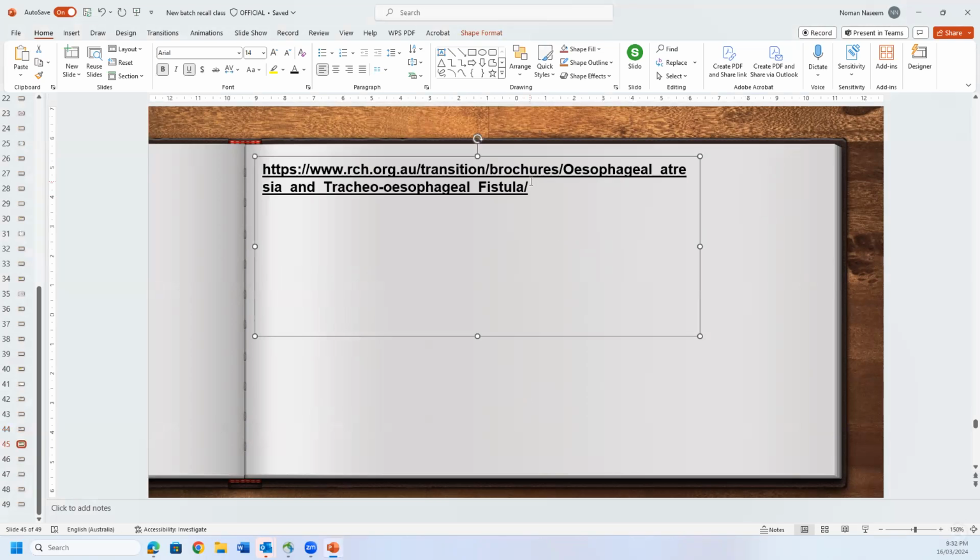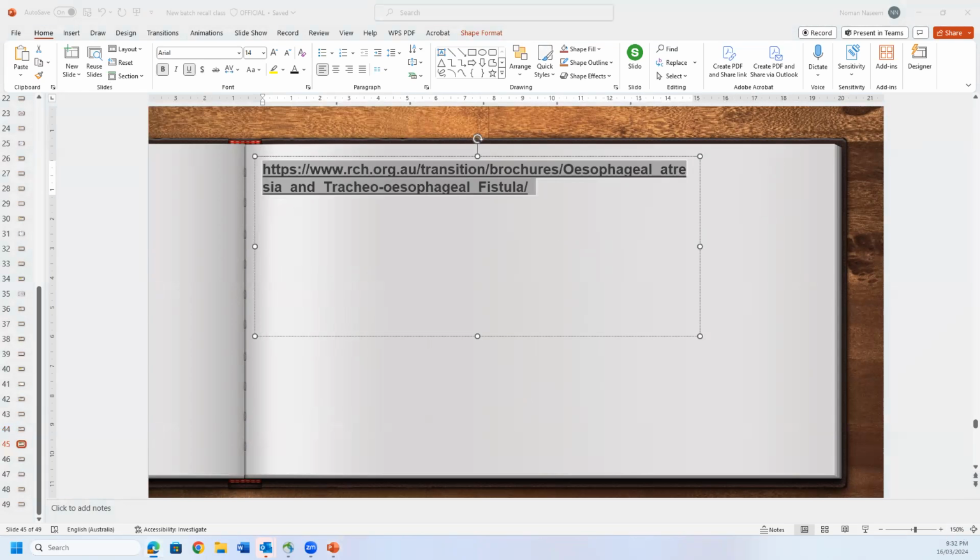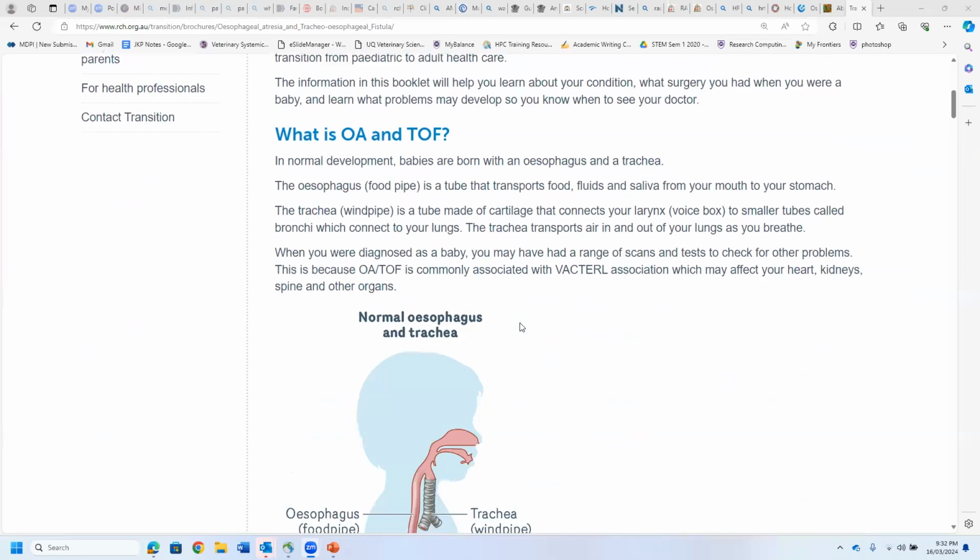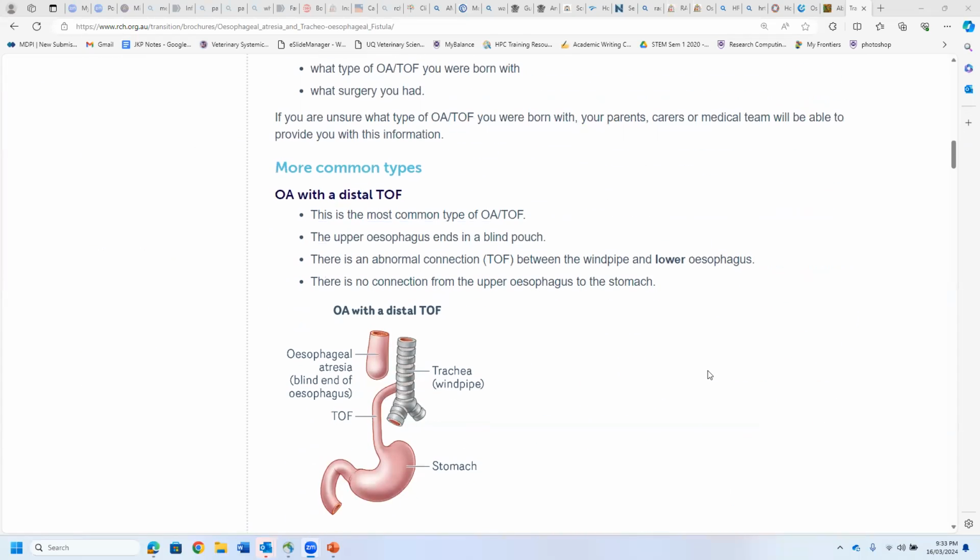So if you look over here, the RCH guideline, you need to do surgery to repair this, but identification of these patients is also important, early. So if you look over here, there are different types of it. Distal esophageal atresia with the distal part connected to the trachea is the most common type.